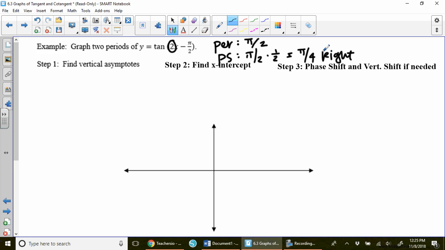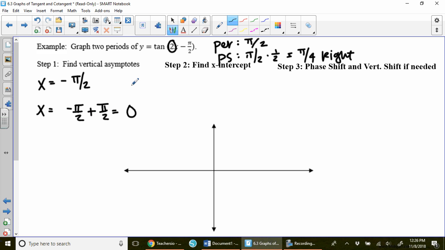Okay, so we're going to use the period to do step 1, which is find the vertical asymptotes. So the first vertical asymptote for tangent is always going to be negative pi over 2. And the second vertical asymptote is always going to be negative pi over 2 plus your period. So that is going to end up being 0. So these are my two vertical asymptotes.